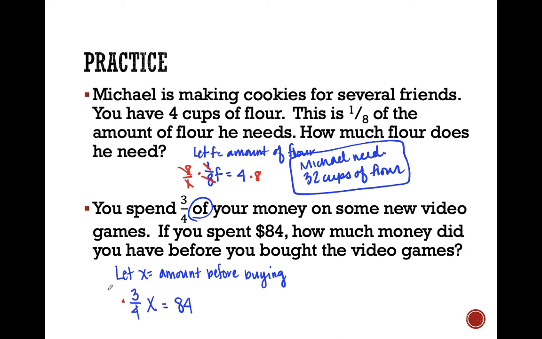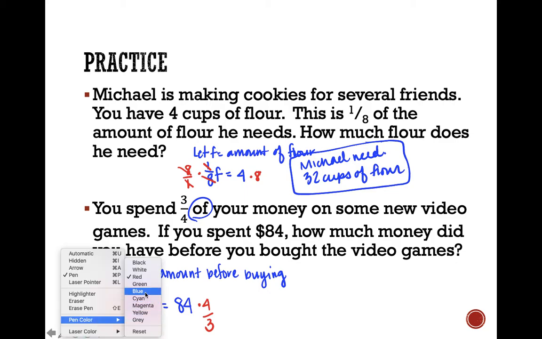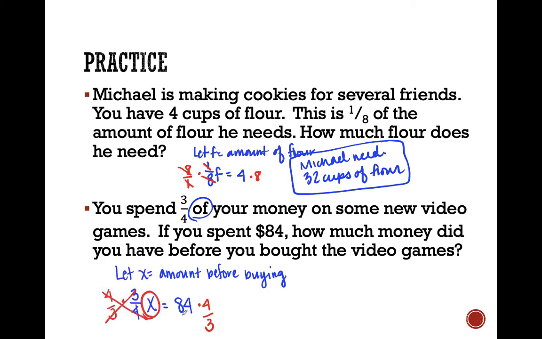Okay, so same as the last one, we're going to take the 3/4, we're going to flip it to 4/3. The 4's cancel, the 3's cancel, X is left. And then on the right here, this one's a little harder than the last one to solve. We can actually cross simplify 84 and 3, believe it or not. 3 goes into 84 evenly.